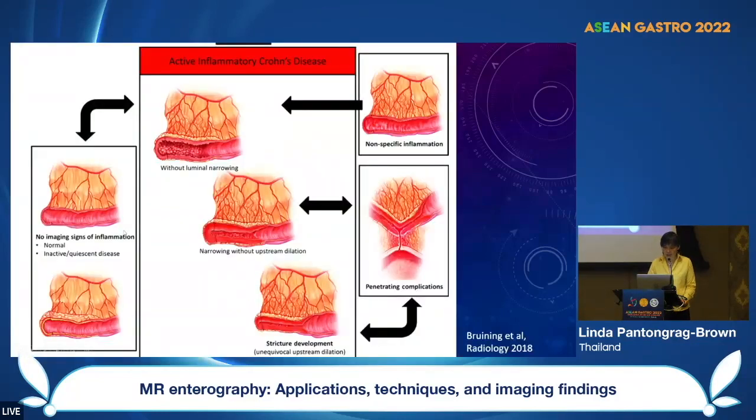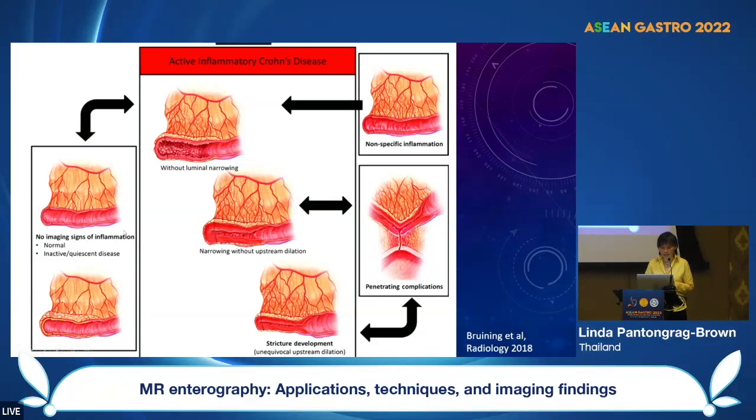This is a nice diagram showing multiple manifestations or stages of Crohn's disease, which we can see on MR enterography. It could present with non-specific inflammation, just a little bit of enhancement of the bowel wall, and it could progress into active inflammation, which you could see as thickening of the bowel wall with some mucosal irregularity, with or without upstream dilatation.